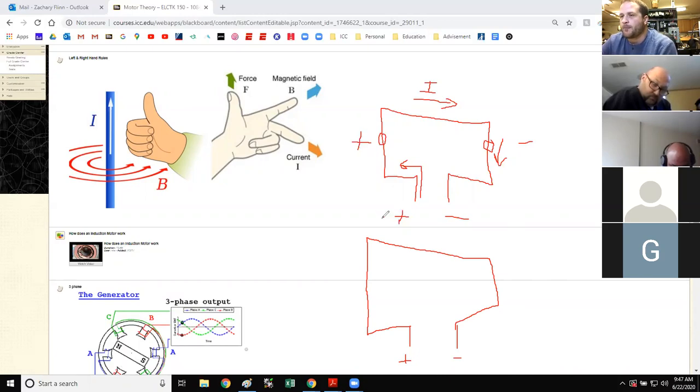Now, I'm going to keep going in that direction. So all the rules still apply. But once I get to a place where both of those ends line up, so here is the left side, and let's say the right side has gone almost all the way 90 degrees from you.